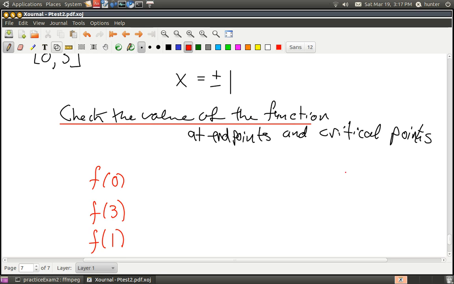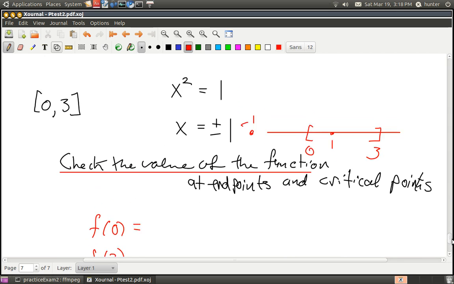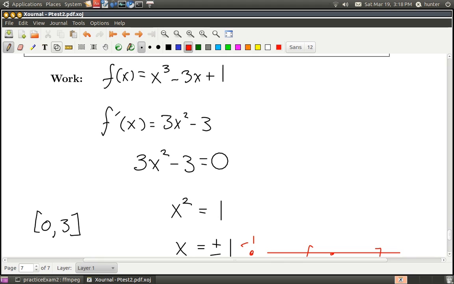I don't even have to worry about negative 1 because we're only interested in finding the extremes between 0 and 3. So 1 is in there, but negative 1 is over here, and we don't care what happens there. So let's check these values. Let's scroll up so we can see the function again. There it is, and you can see that if you plug in 0, it's 1, right?